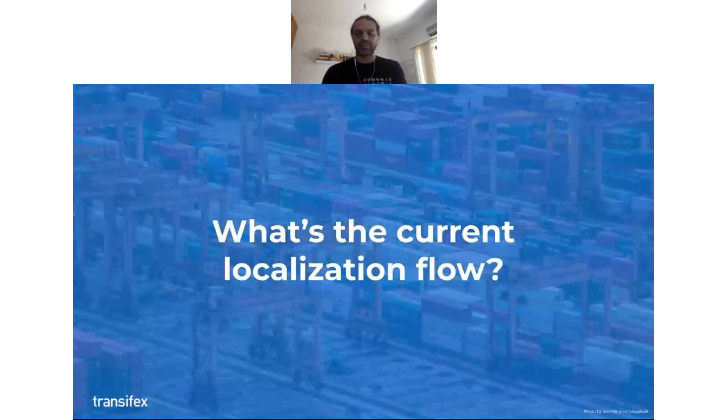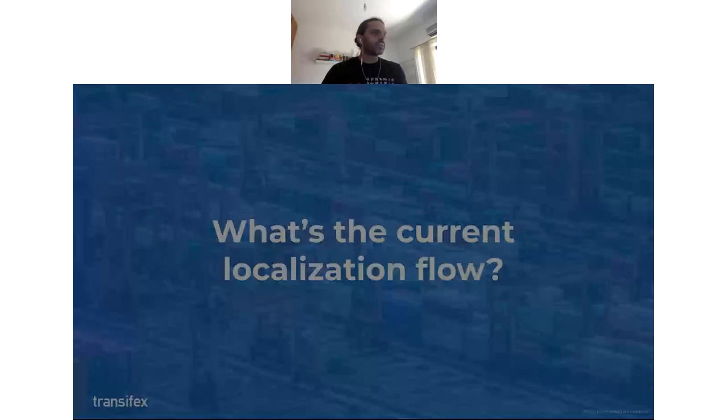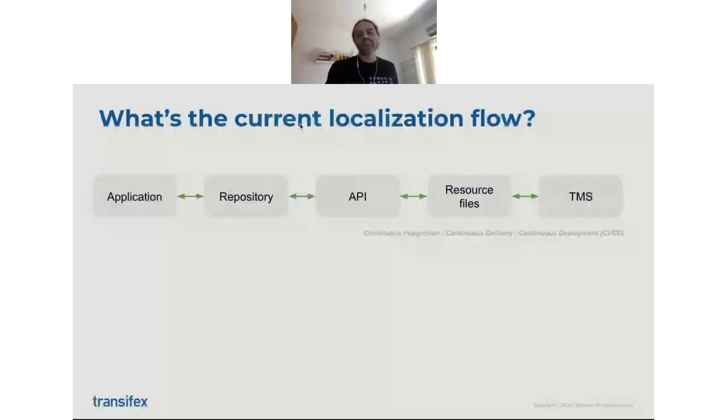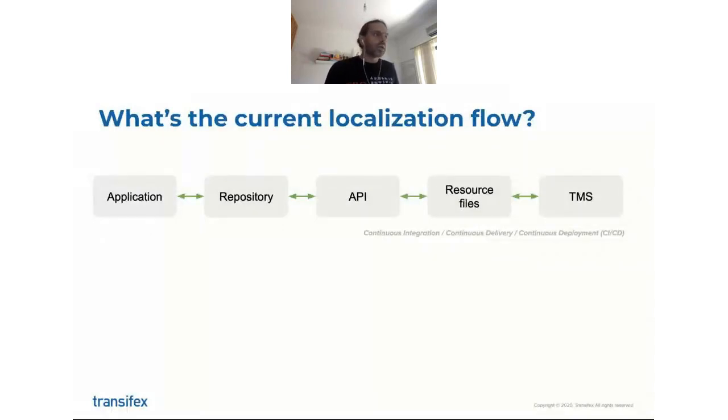And I can jump right to the current localization flow and how most of us currently work on localization. One thing I wanted to note is that the example showcased here is the most generic one, containing as many items as possible.